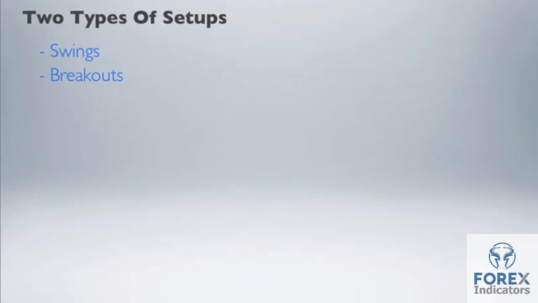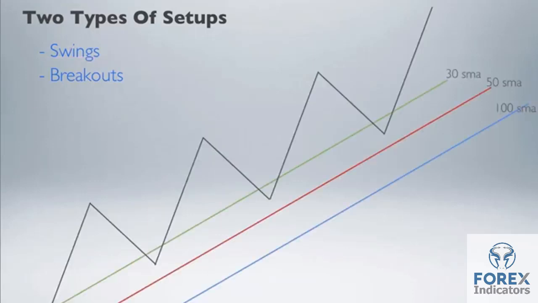Now, swings. This is a typical swinging pattern. You are already familiar with it. This is obviously an uptrend, with the 30 moving average, the line in green, above the 50 and the 50 above the 100, all of them parallel to each other, no crossovers, pointing in the same direction.